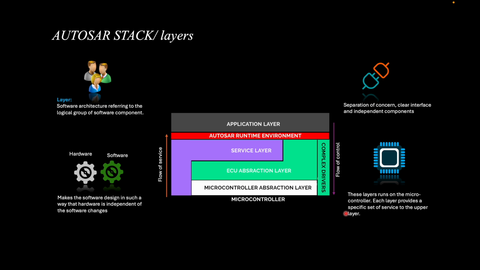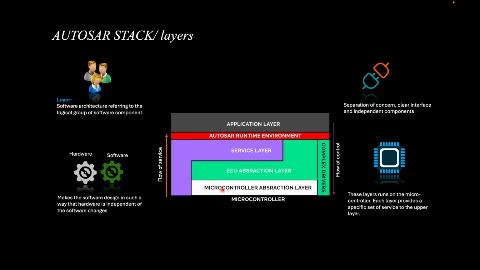And coming to the microcontroller layers, these are the ones you are able to see below, in the base layer. They are basically meant to abstract the features of the microcontroller with the help of some functions, so that they can provide service to the upper layer. We see this in the service flow.